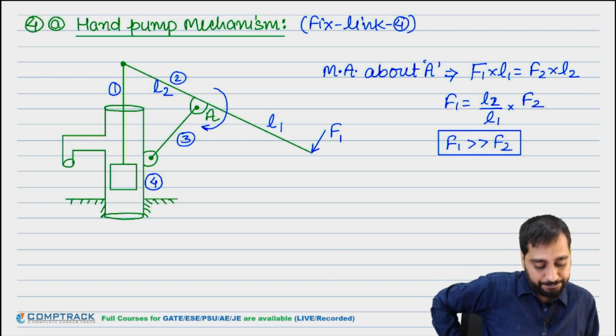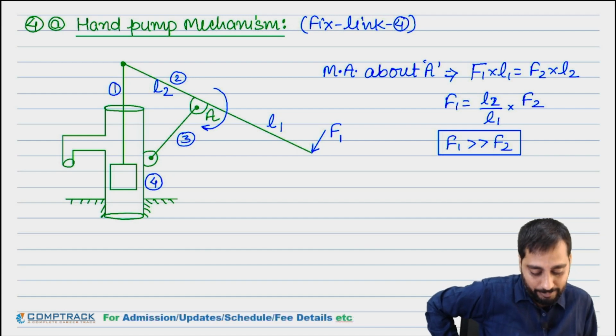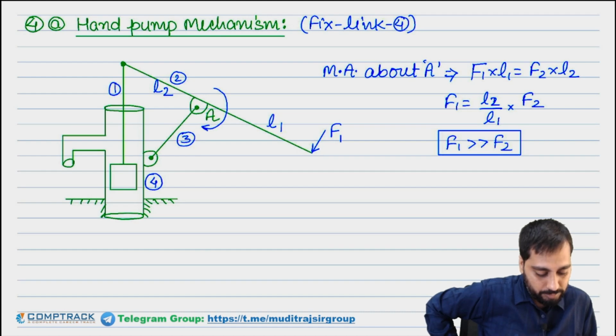F1 L1, F2 L2, what's wrong, F1 into L1, F2 L2, so F1 will be L2 by L1 F2, correct.